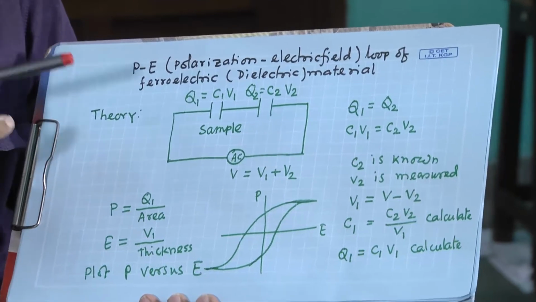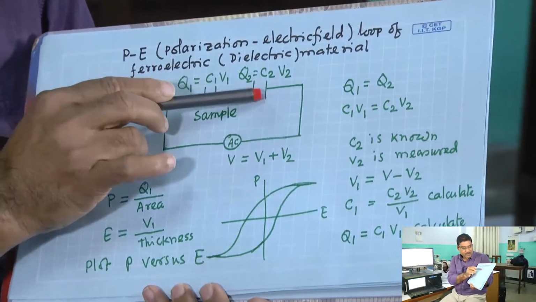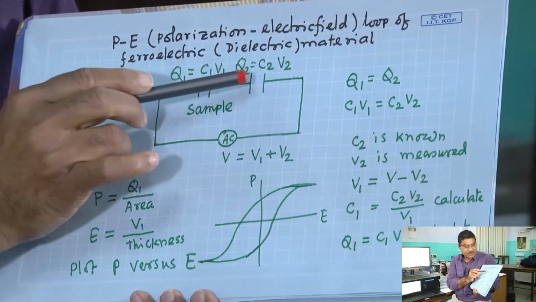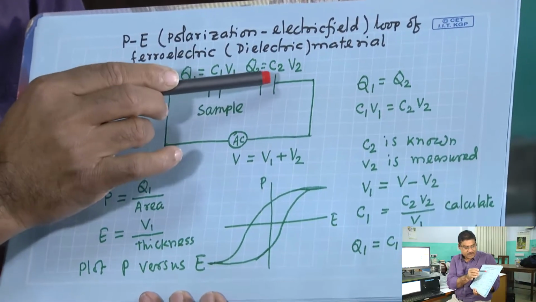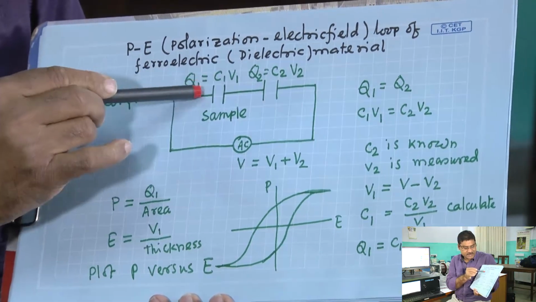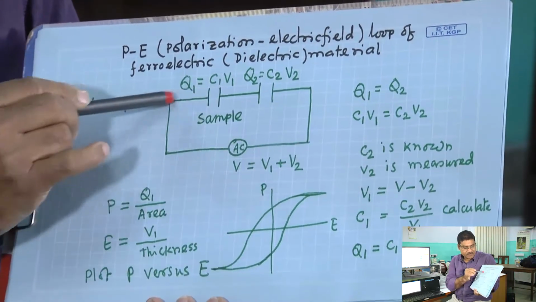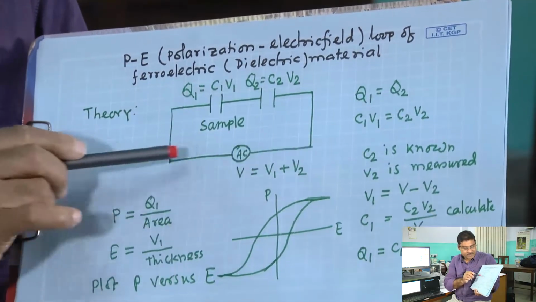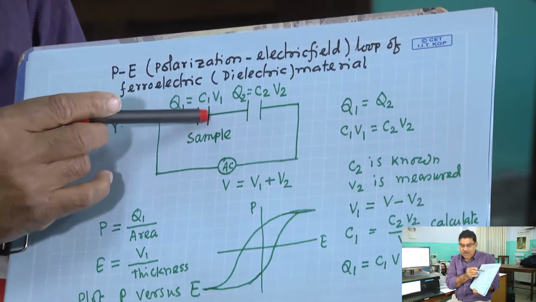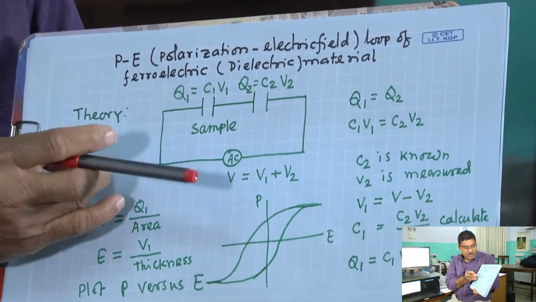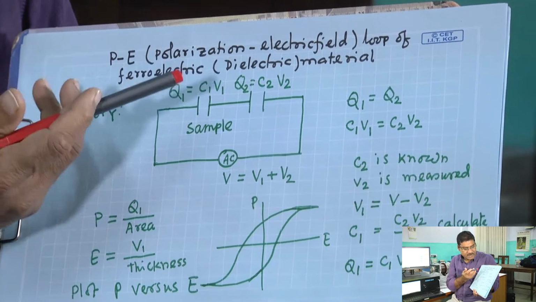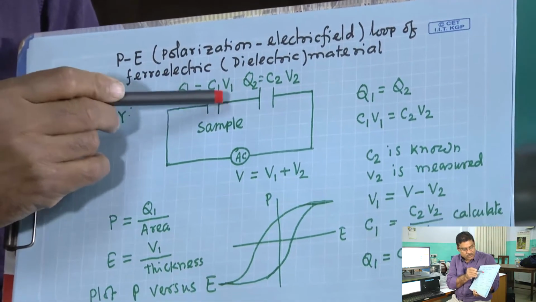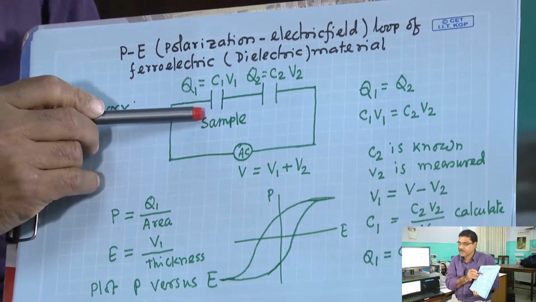Basically, there will be two capacitors, parallel plate capacitors. They are connected in series and AC voltage will be applied. In one of the capacitors, our ferroelectric sample will be inserted between the two parallel plates.